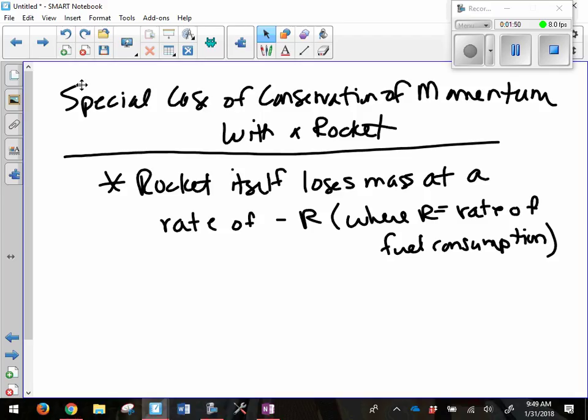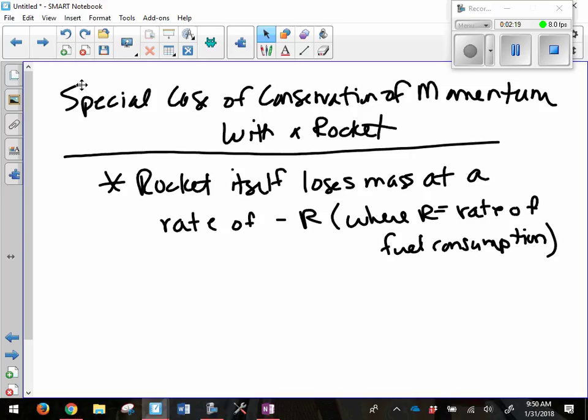So the way a rocket works, if you think about the space shuttle, is the space shuttle has 2 tanks of fuel that happen to be liquid oxygen and liquid hydrogen. It allows those 2 kinds of fuel to mix, and when they mix, what do you get when you mix oxygen and hydrogen?